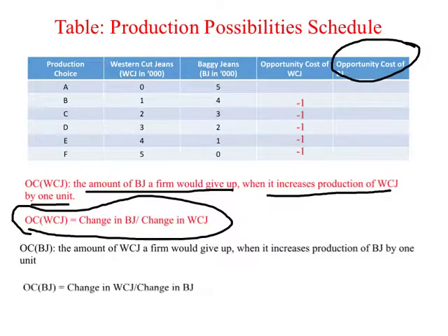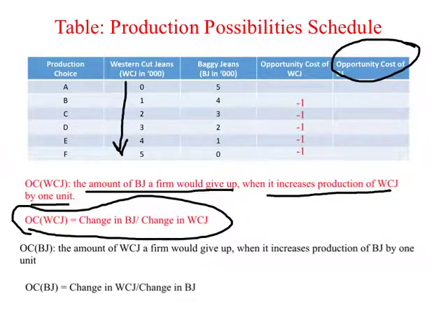Now let us calculate opportunity cost of baggy jeans. The question you are asking is, when we decide to increase production of baggy jeans. Now, when we looked at increasing production of Western cut jeans, we moved in a downward direction like this.